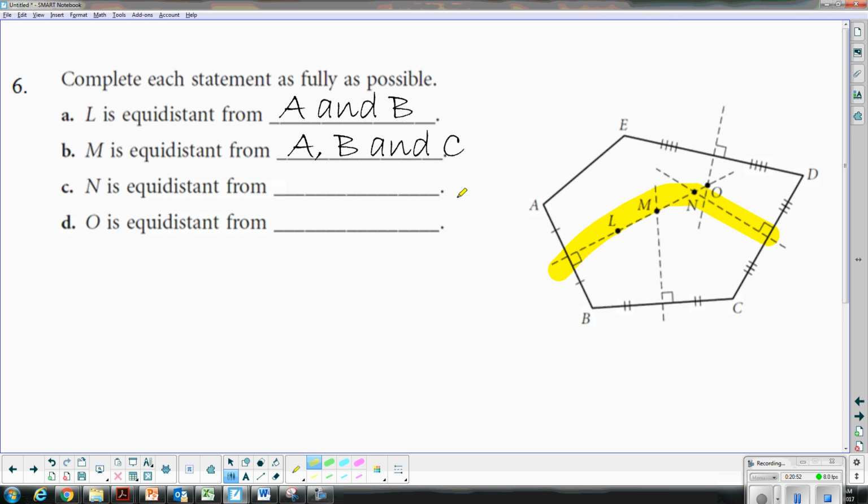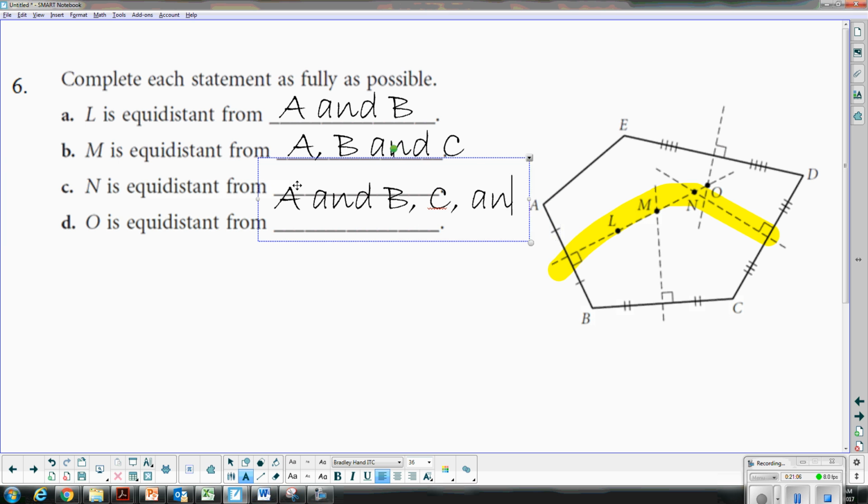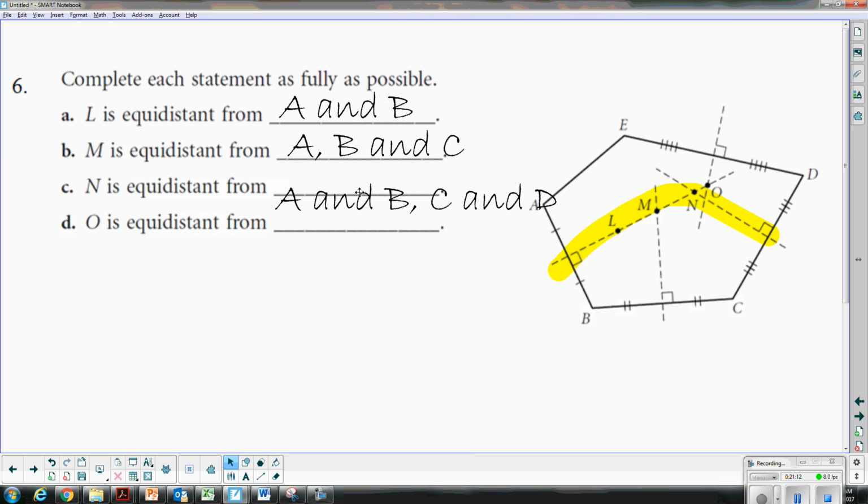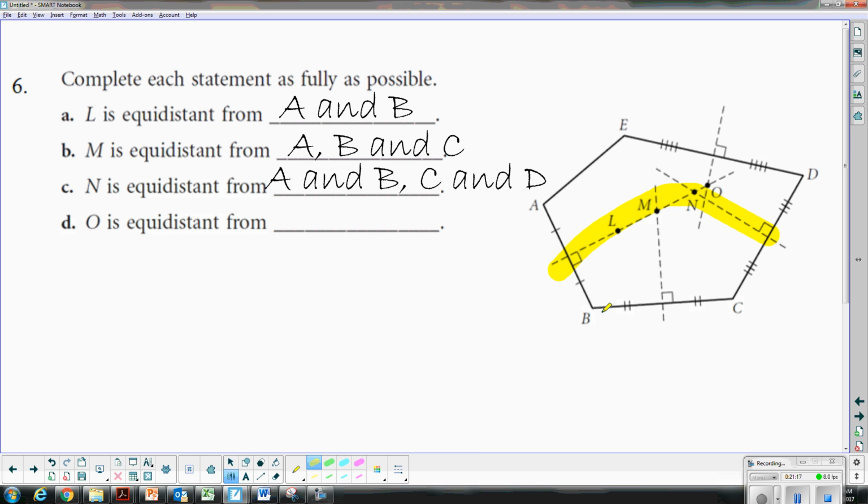So N is equidistant from A and B and also equidistant from C and D. But it's not equidistant from B and C, because it's not on that bisector.